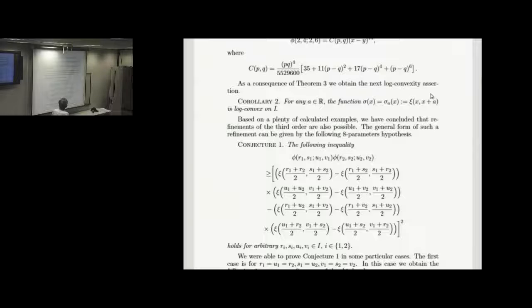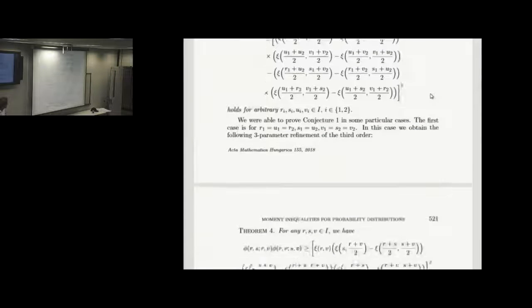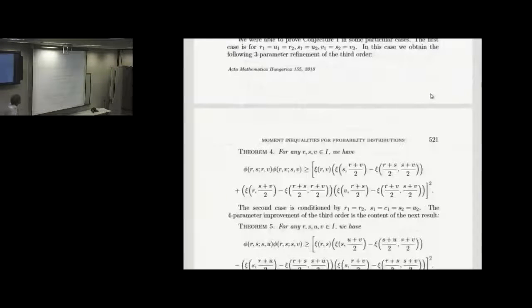But we can prove it in some particular cases. In two particular cases, in fact. The first one is when this is taking place. It's a particular case of this general inequality. And so we proved that this is greater than this, and for 3 parameters.